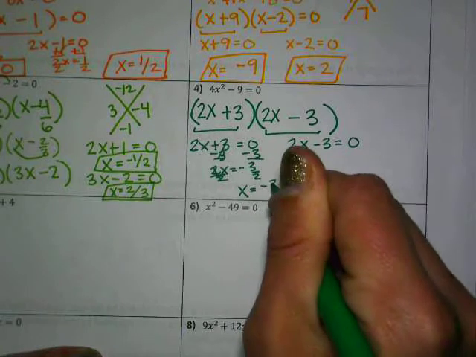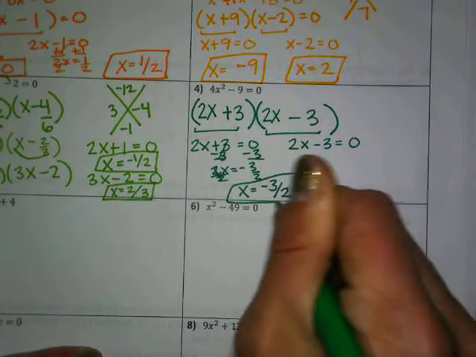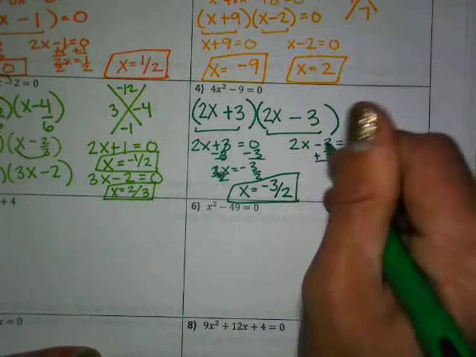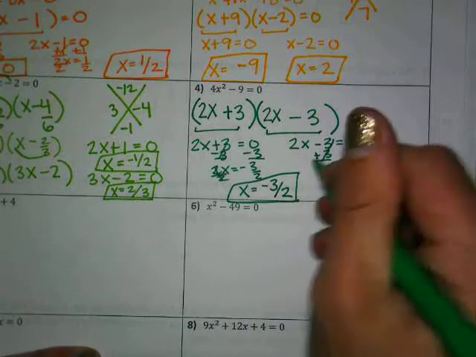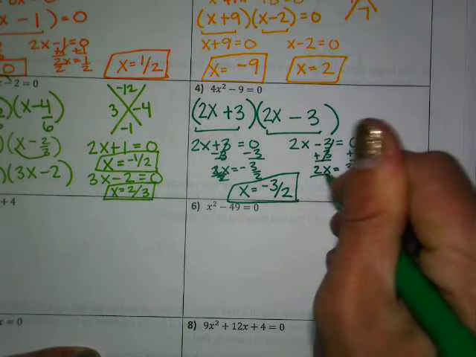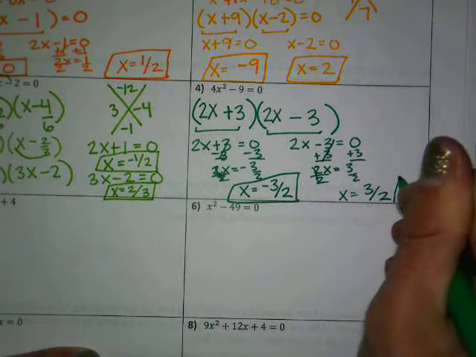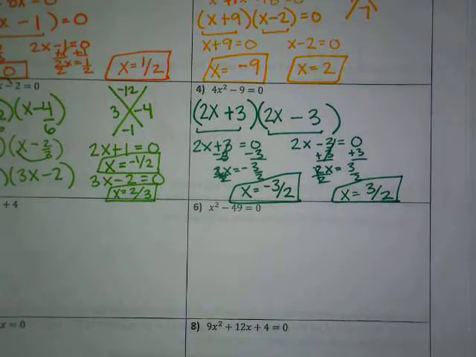The second one is x equals positive 3 over 2. So we're going to add 3. 2x equals 3. Divide by 2. So x equals 3/2. Amazing. We did it, guys.